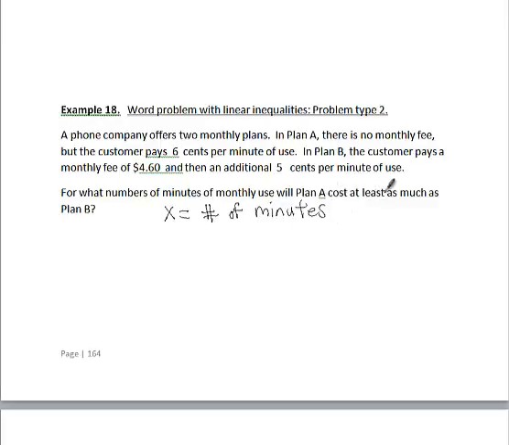Plan A cost at least as much as Plan B. So at least Plan B. So Plan B, or I'm sorry, Plan A would be greater than or equal to Plan B.